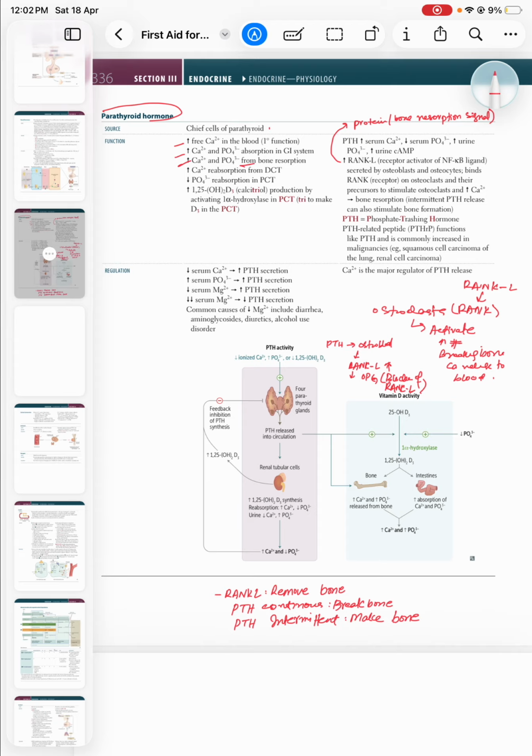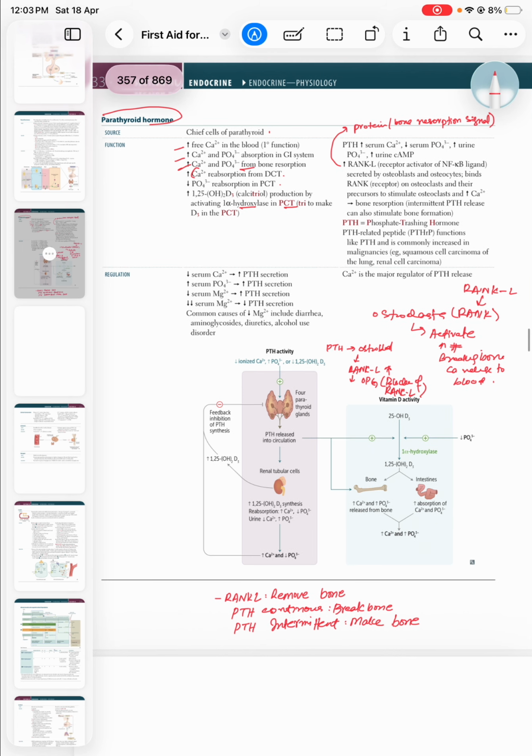Also, it increases the resorption of calcium from the distal convoluted tubule and decreases the absorption of phosphates from the proximal convoluted tubule. Also, the parathyroid hormone increases 1,25-hydroxy D3 (calcitriol) production by activating 1-alpha hydroxylase in the proximal convoluted tubule.